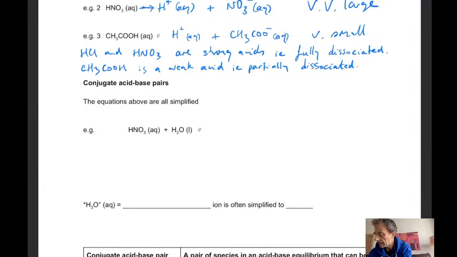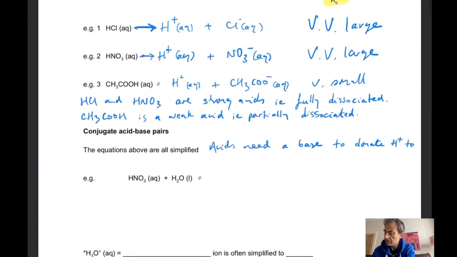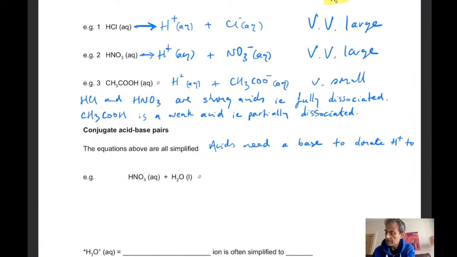And that's because acids need a base to donate the H plus to. As those equations are written at the moment, it just looks like the hydrochloric acid is throwing the H plus away. It's not really going, it's just going on the other side of the arrow. What's missing from this side of the equation is the base that accepts the H plus ion.